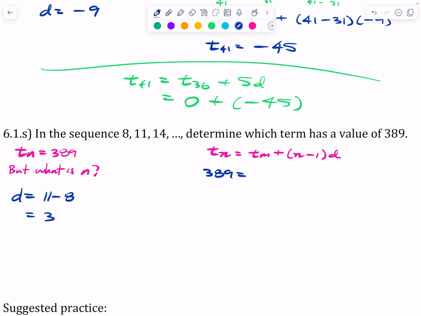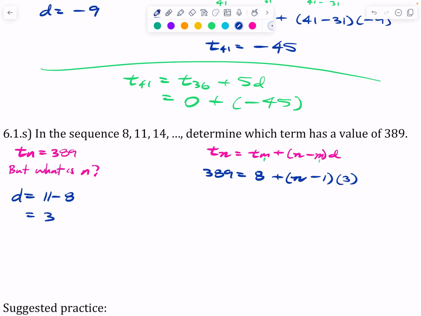For Tm, I'm going to replace all my m's with 1s. Oops. That should have been an m in the formula. So replacing all my m's with 1s. Term 1 is 8. n itself we don't know. And the difference we do know. So now we're solving this particular equation.